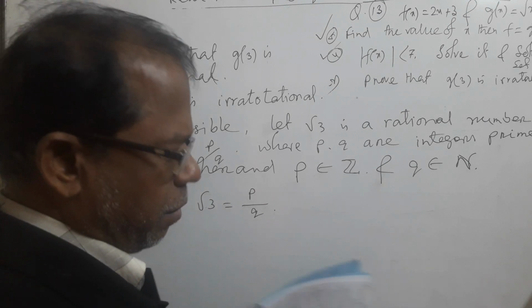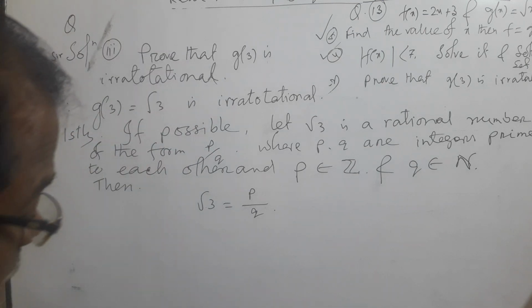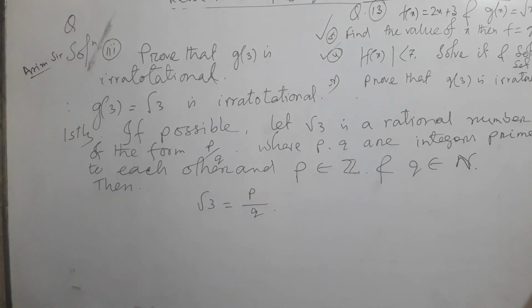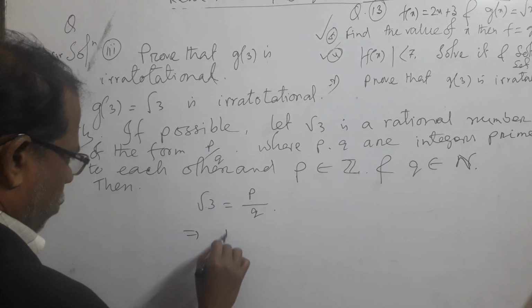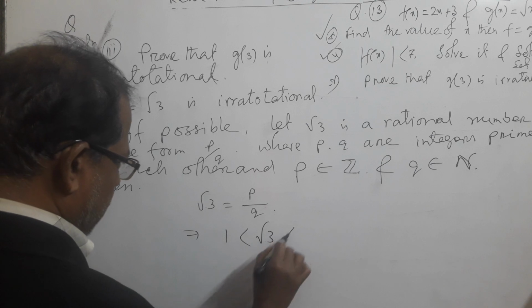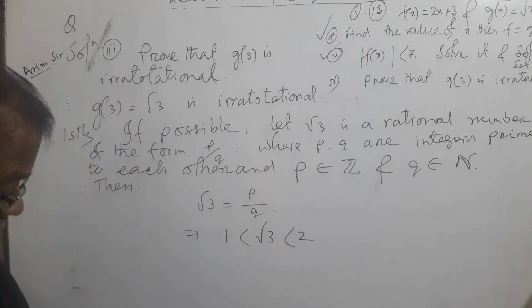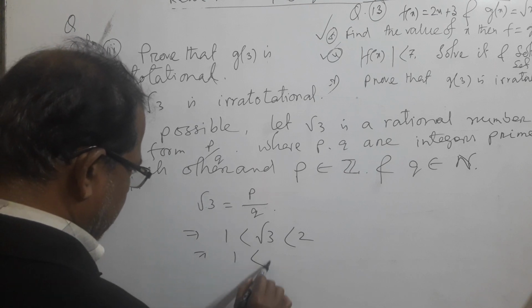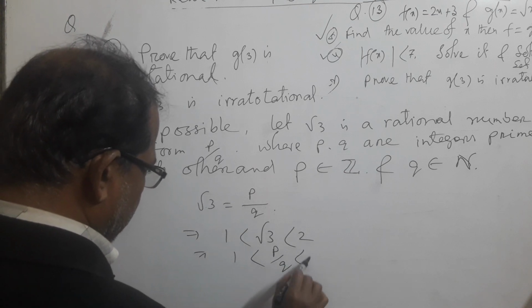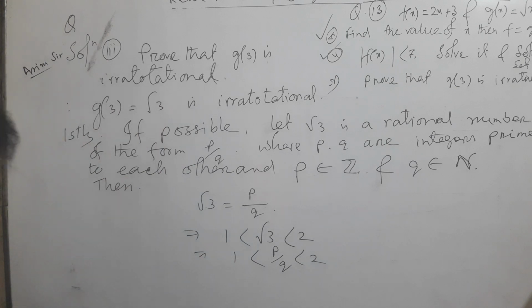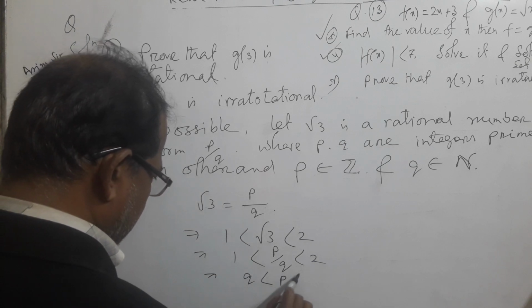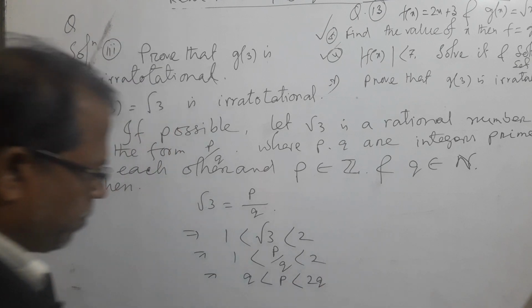That's why 1 is less than root 3, which is less than 2. So that implies 1 is less than p divided by q, which is less than 2. So that implies q is less than p, which is less than 2q.